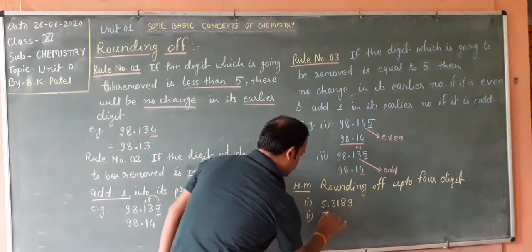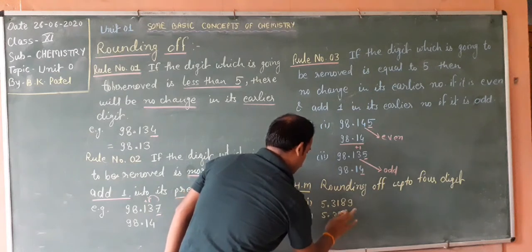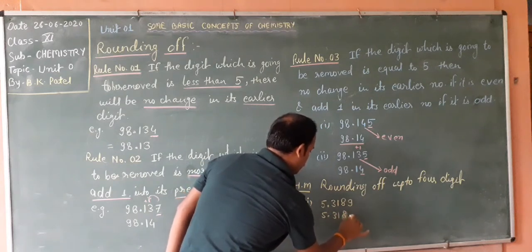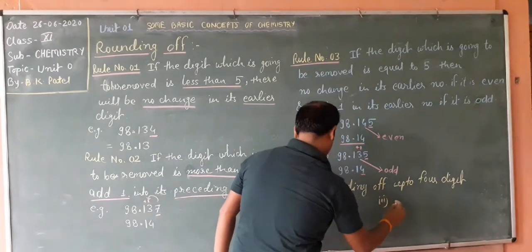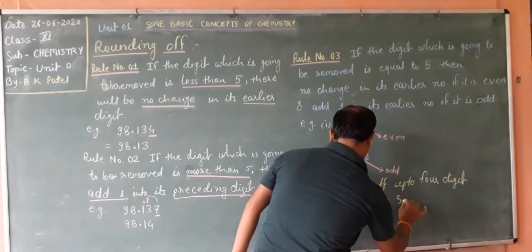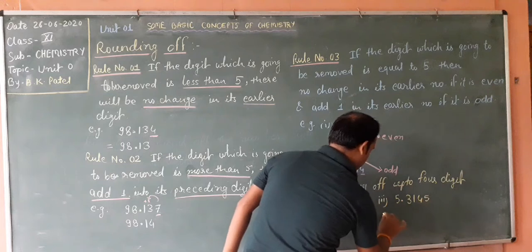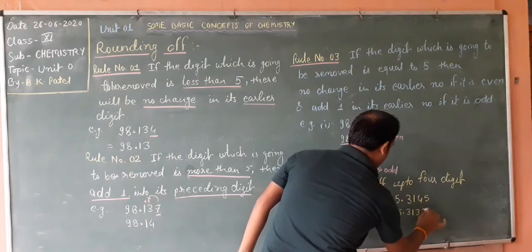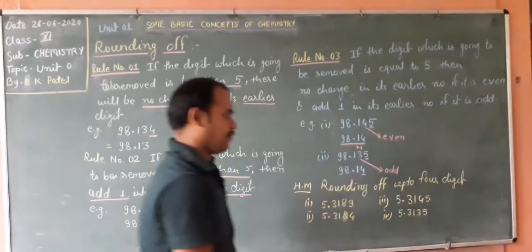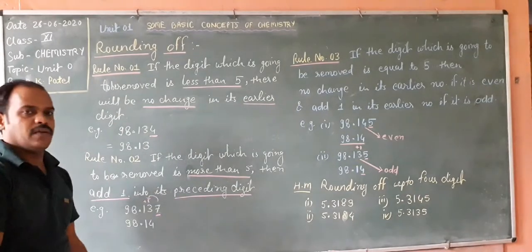Second is 5.3184. Third is 5.3145, and number fourth is 5.3135. Okay, write the answers and send them to my personal WhatsApp number.